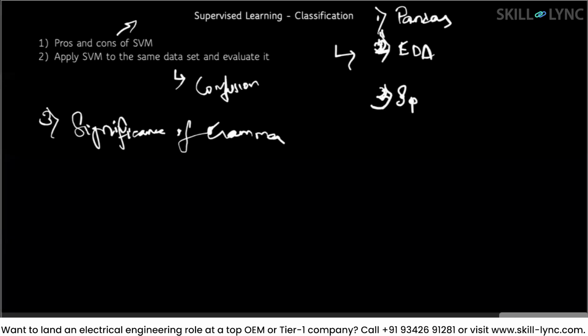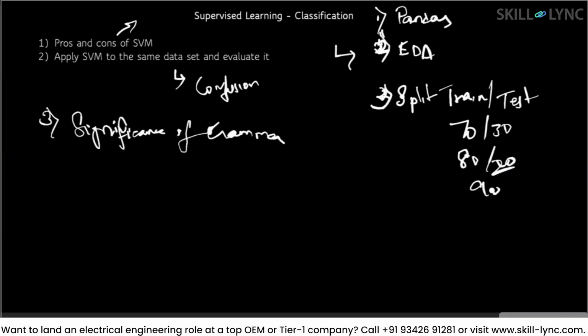Third step, split into training and test data set with 70-30. 80-20 you can do, it's up to you. 90-10, and check which split of the data works better, and then train your model with different algorithms, then test it, and find the accuracy using a confusion matrix.